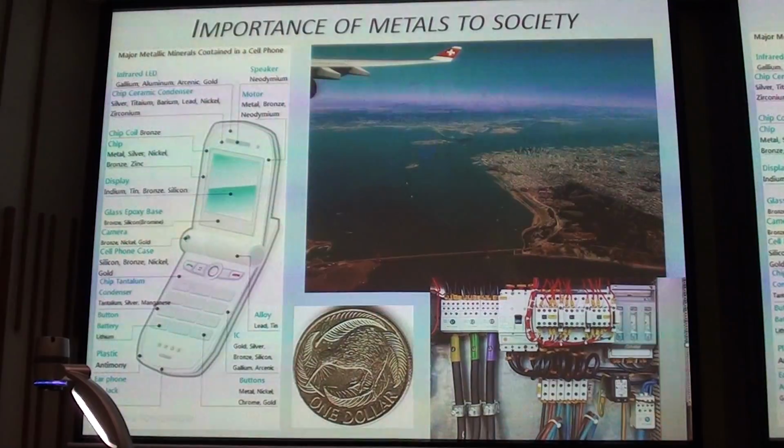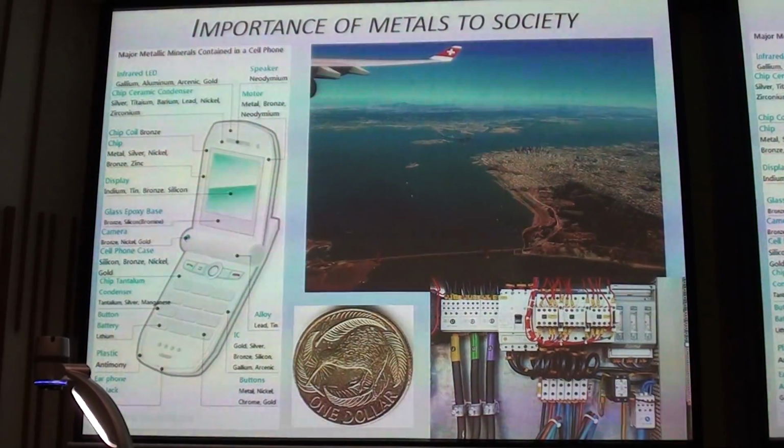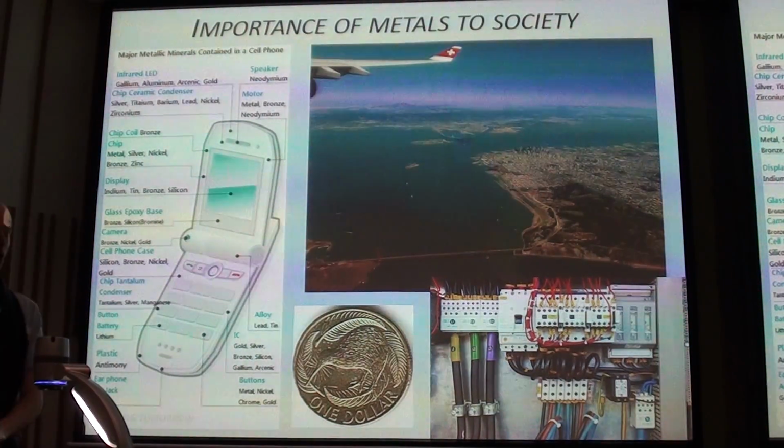As you probably know, metals are quite important to society, and hopefully that's why you chose this course. From basic gadgets that everyone has, as you can see, every single component of a mobile phone contains some kind of metal, to everything else: infrastructure, buildings, airplanes, the camera that I used to take the picture, the economy, and just switching the lights on and off.